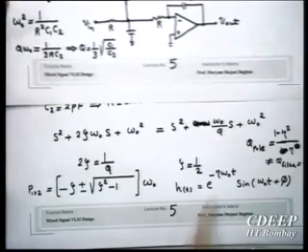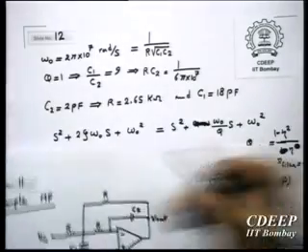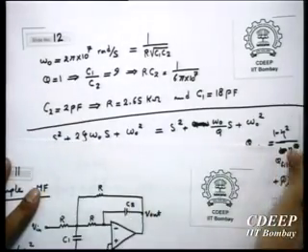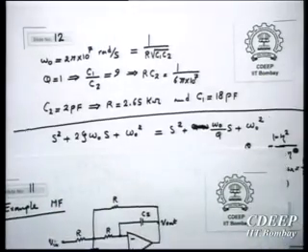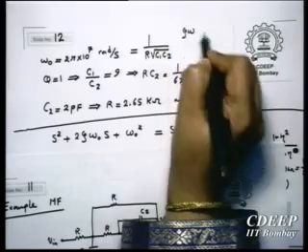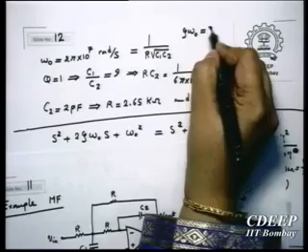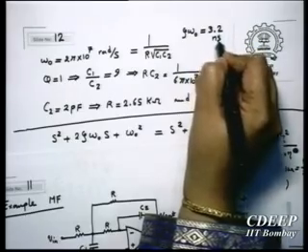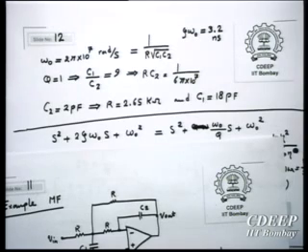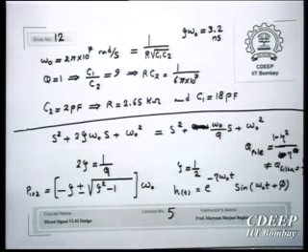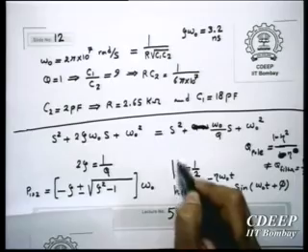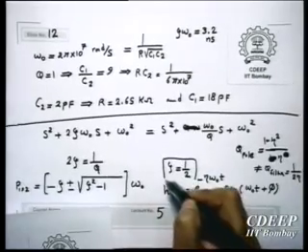So therefore, now what is minus zeta omega 0 for us? This was just a question, the damping time constant. So 1 upon zeta omega 0 will be, for this particular example, 3.2 nanosecond. This is for this particular example when zeta was equal to 1 upon 2.